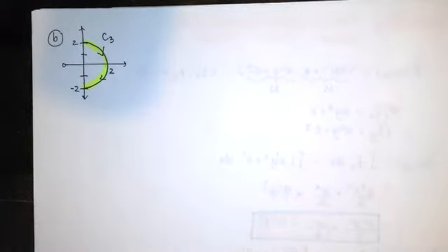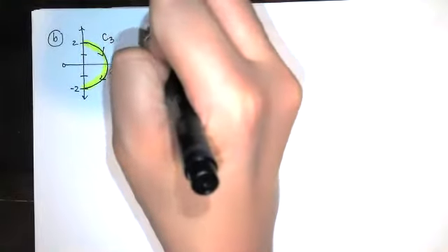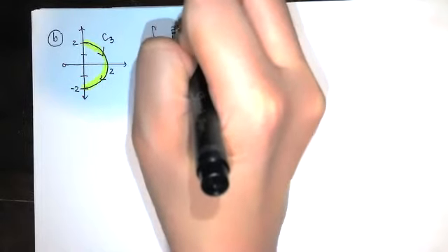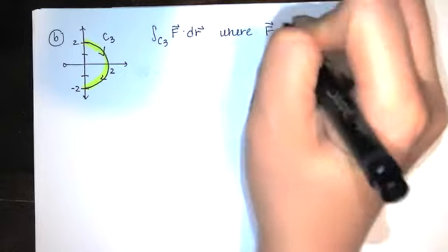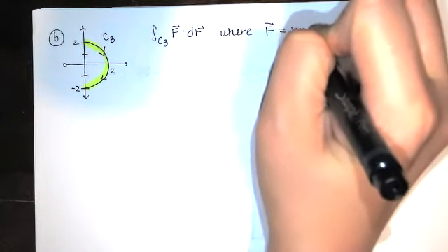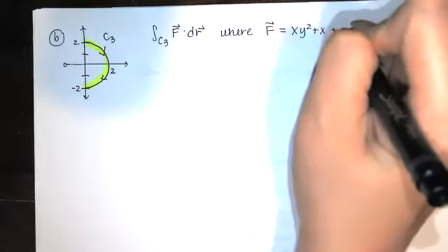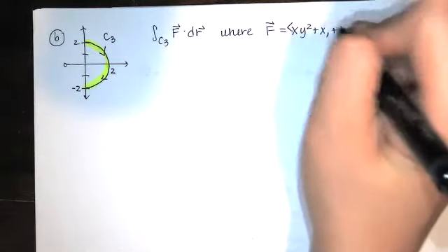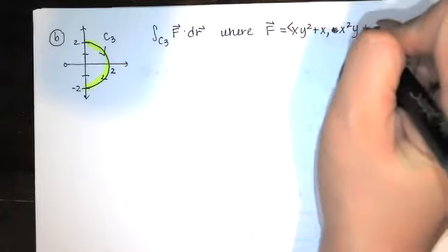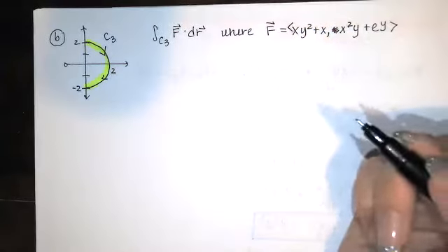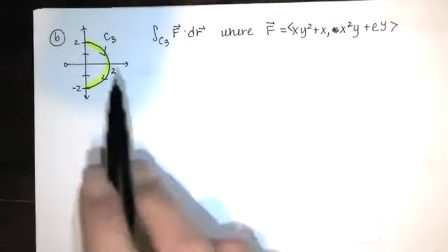Two options, or three options here. Because the field is conservative, and it's the same field from before, oops. So we've got that same field from before, that conservative field.